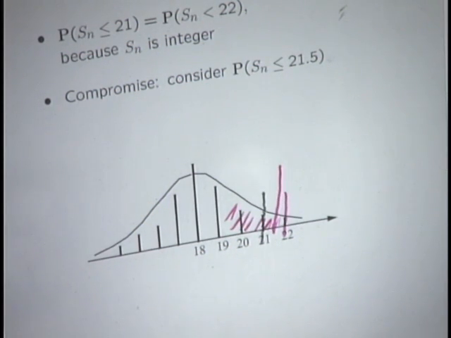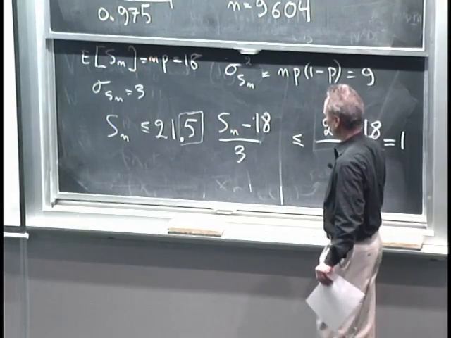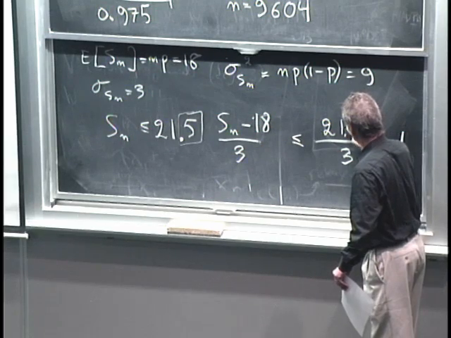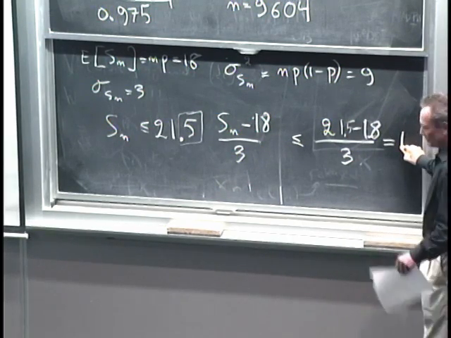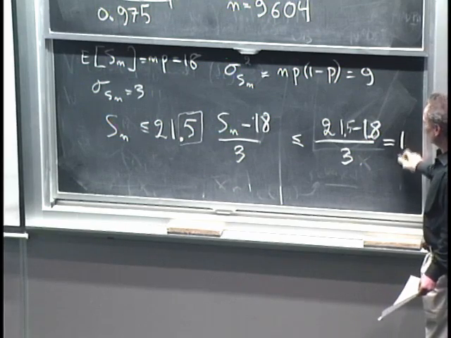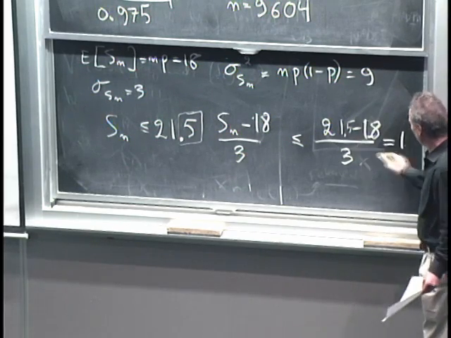So let's do this calculation and see what we get. What would we change here? Instead of 21, we now write 21.5. That 18 stays what it is, but this 21 becomes 21.5. And so this 1 becomes 1 plus 0.5 by 3.